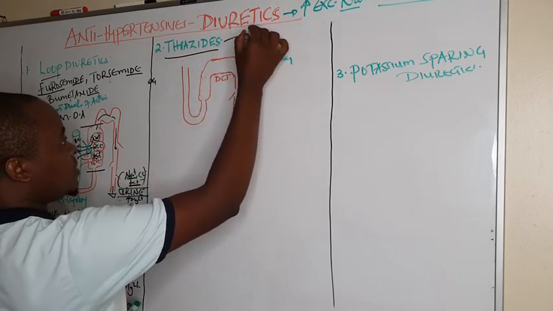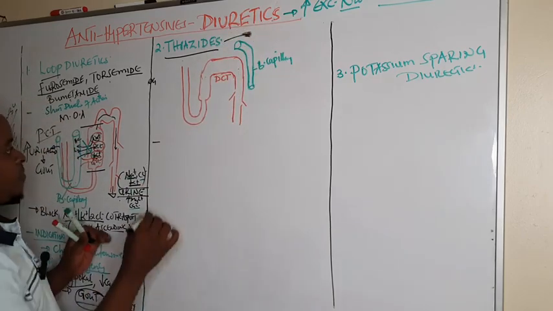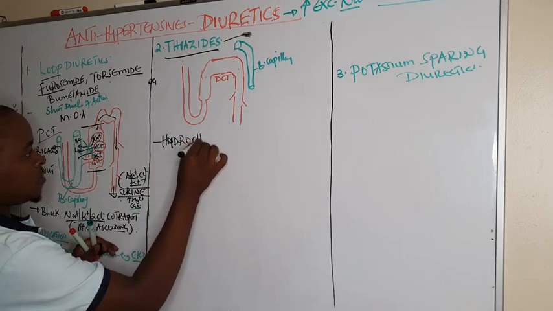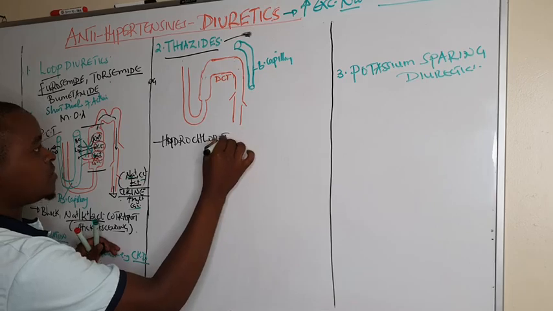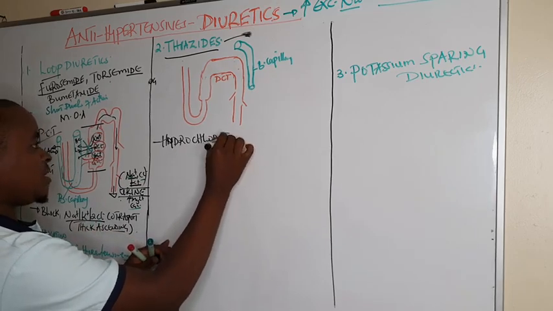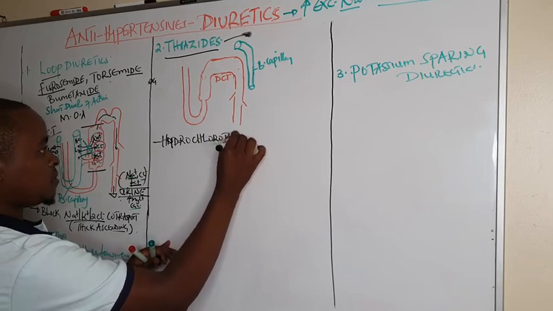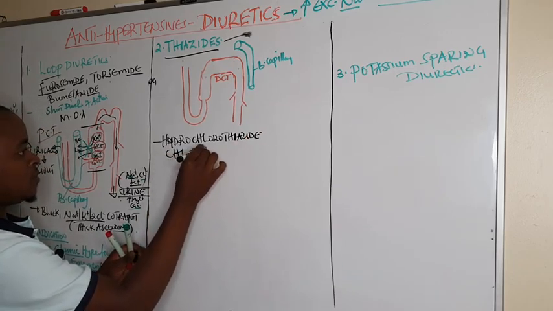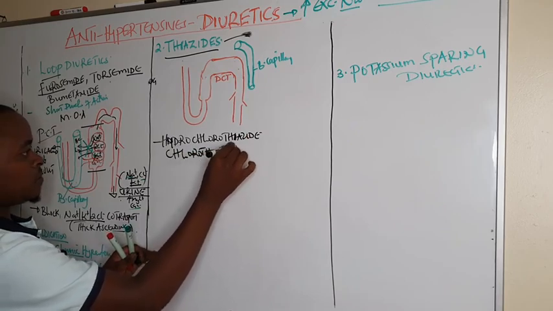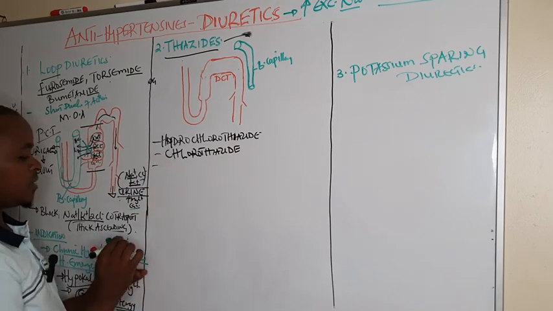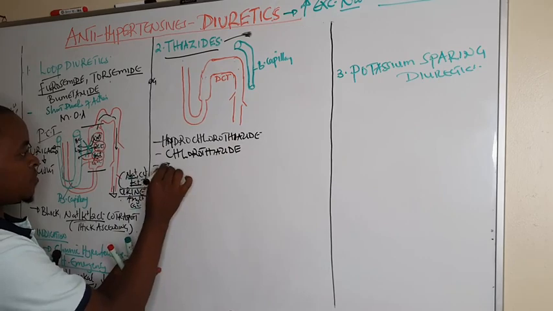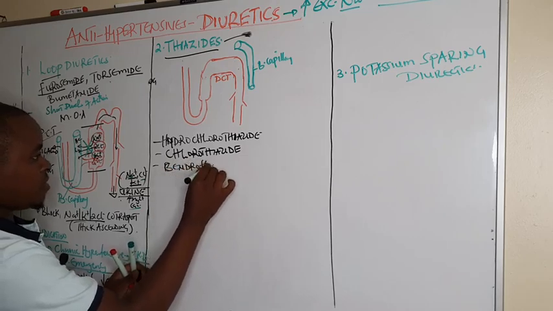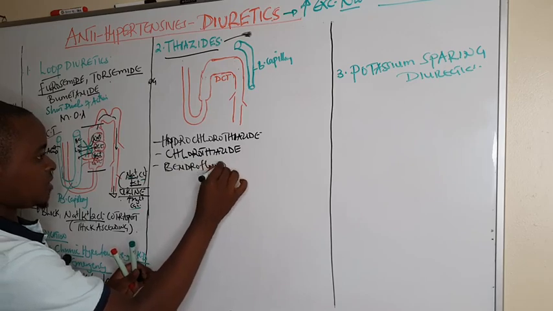Examples of the thiazides, let us put them here: we have hydrochlorothiazide, chlorothiazide, and another example in this class, hydroflumethiazide.